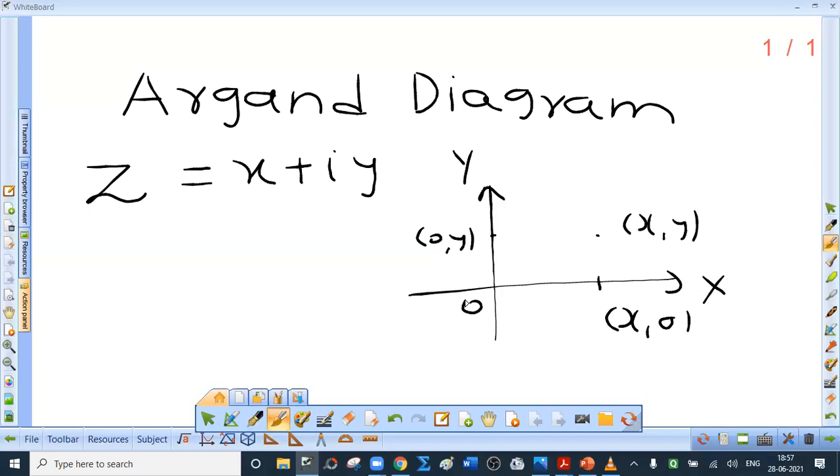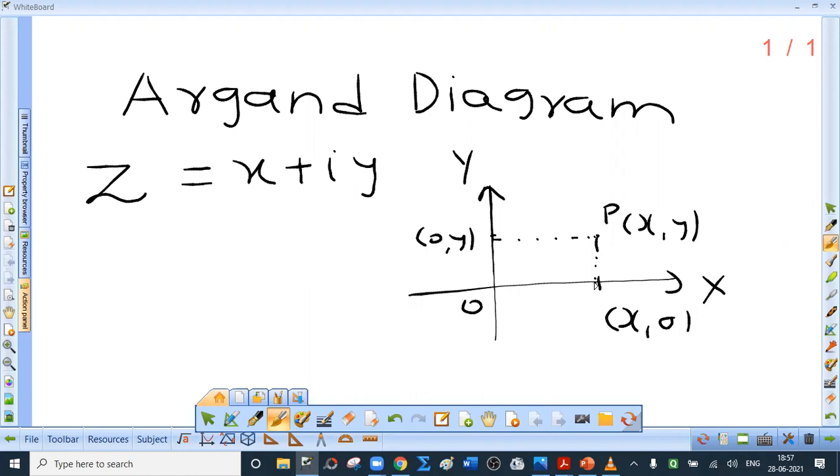Then the point P(x, y), I will use a dotted line for this. Then the point P(x, y) is said to represent the complex number x plus iy. So here the complex number x plus iy is represented by the point P in this particular plane.